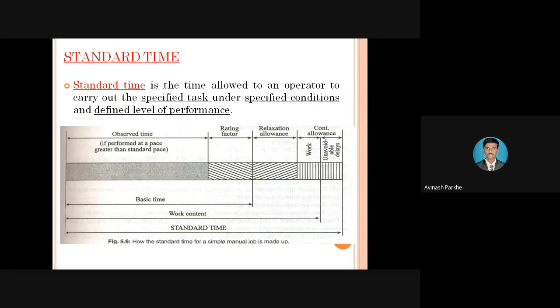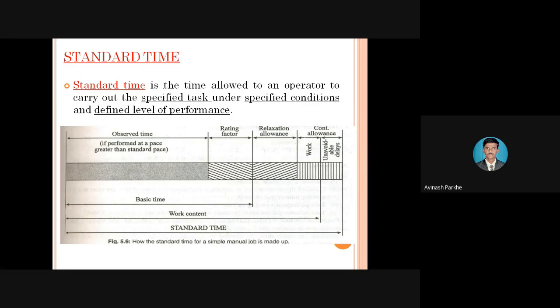Because whenever I am performing any type of task, I have to add the allowance as per the requirement of the task. If I am working continuously for 1 hour, in that 1 hour, 45 minutes is the time required to complete the task.